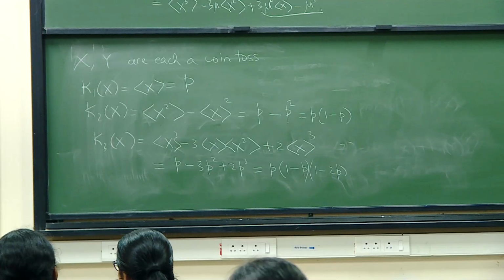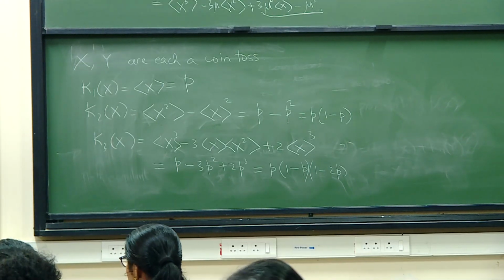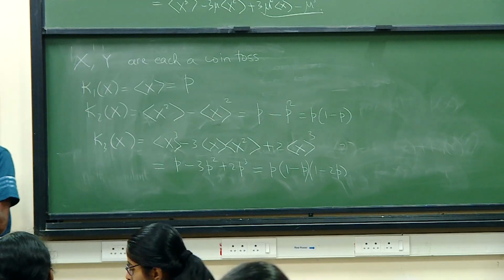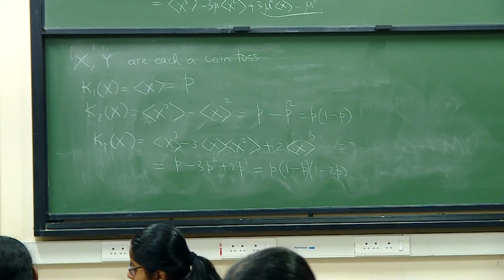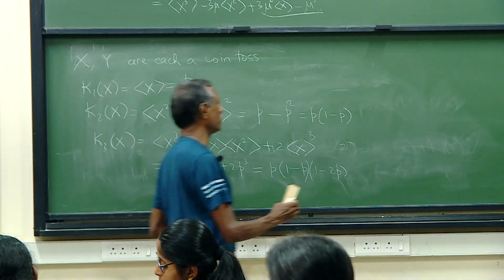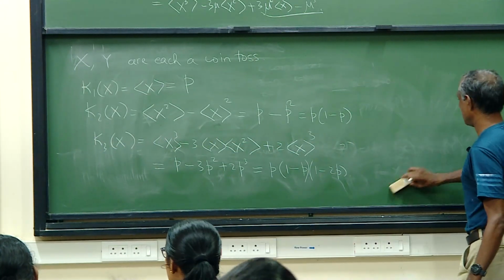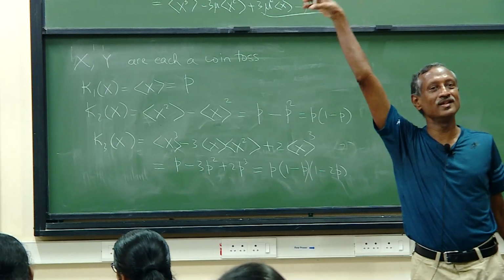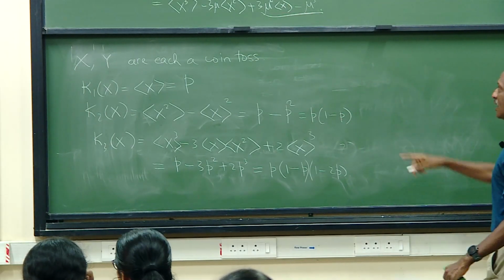So now, we have computed it for one coin toss, and I said we will take x and y. What is the value for two coin tosses? The answer is very easy. So let's do that. Why should I do it for just two coin tosses? I'll do it for n coin tosses, which is the binomial distribution. So I won't do it for two.